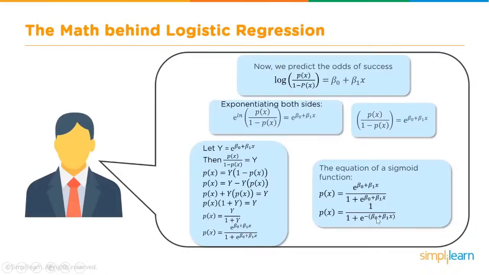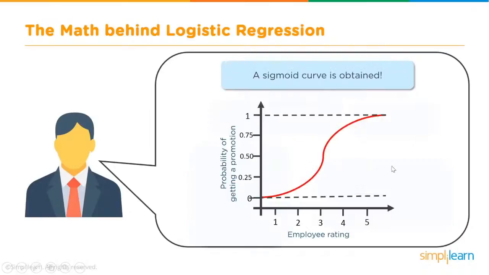And recall, this is nothing but the equation of the line, which is equal to y. y is equal to beta 0 plus beta 1x. So this equation is also known as the sigmoid function, and this is the equation of the logistic regression algorithm. Alright, and if this is plotted, this is how the sigmoid curve is obtained.